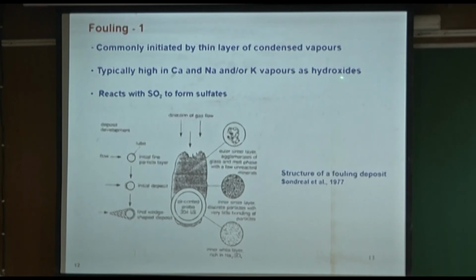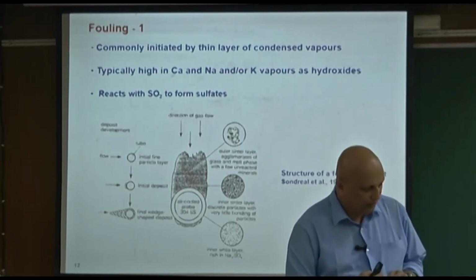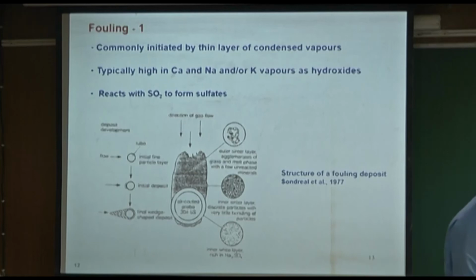So I have written in there. And then it reacts if sulfur is also present, and sulfur gets converted to sulfur dioxide, the organic sulfur of it. Let me digress a little bit. When we determine the sulfur in the coal through the different elemental analyzers, we usually determine what we call the total sulfur.